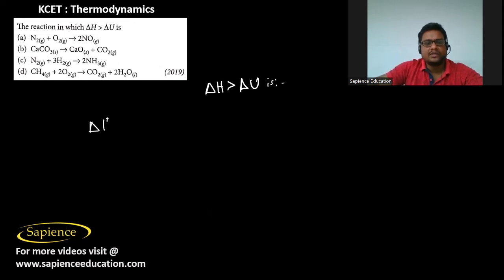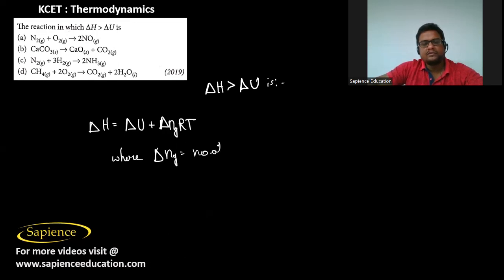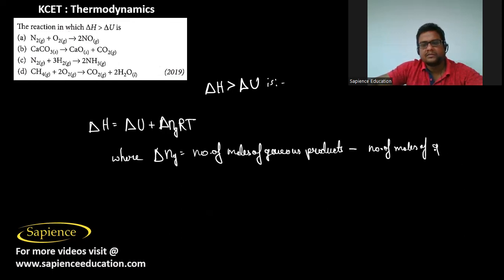As we know, delta H is equal to delta U plus delta Ng into RT, where delta Ng equals the number of moles of gaseous products minus the number of moles of gaseous reactants.